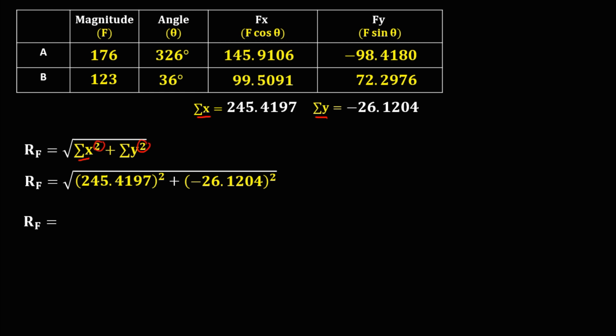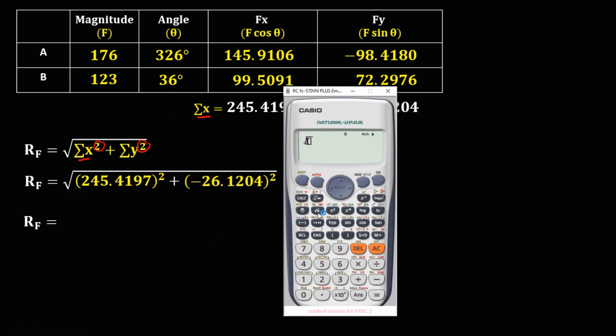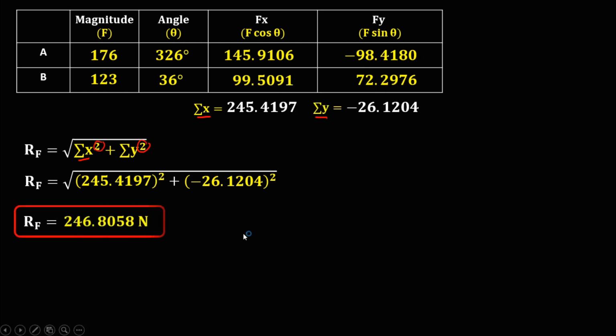So we have the square root of 245.4197 to the power 2, plus, in this case we can ignore the negative because squaring any number, the answer is positive, so just put 26.1204 to the power 2, close parenthesis, equals, so the resultant force is 246.8058 Newton.